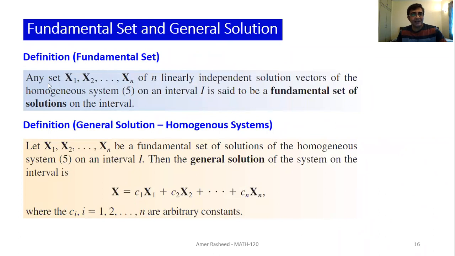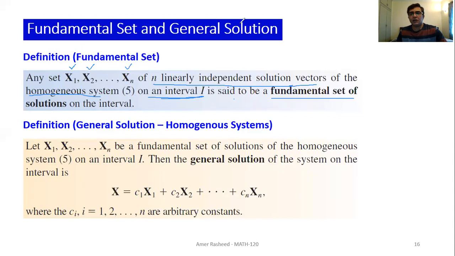The definition is any set which contains n linearly independent solution vectors of the homogeneous system of first order differential equations. If x1, x2, and xn are n linearly independent solution vectors of the homogeneous linear system 5, which I defined on the previous slides, on an interval, then this is called a fundamental set of solutions.